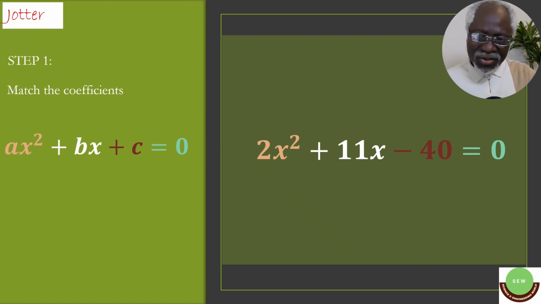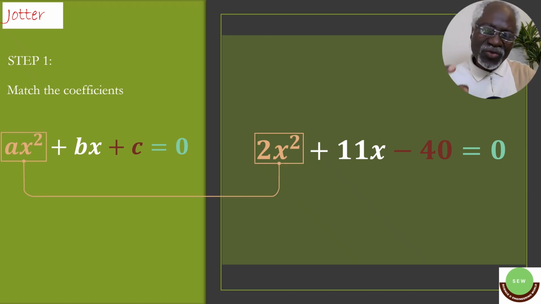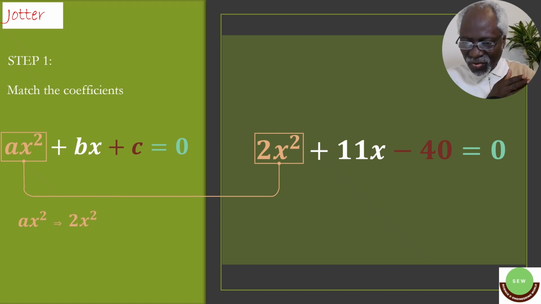We've talked a lot about the coefficients, so we should refer to the videos above. Now we want to compare the terms of these two equations. The first term says ax squared and 2x squared, so ax squared is compared to 2x squared.